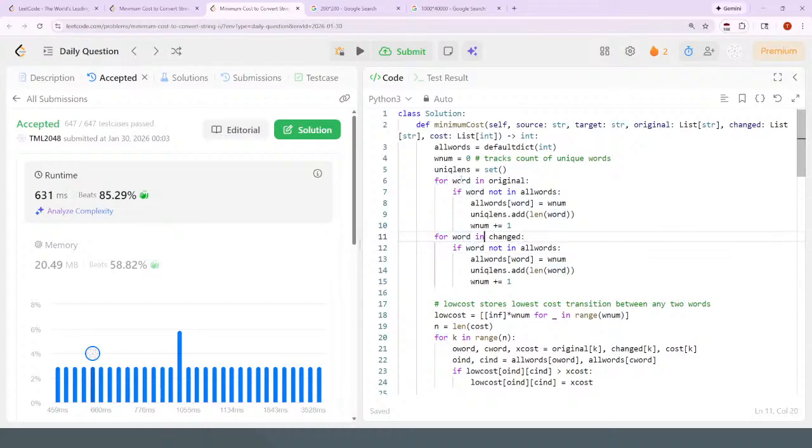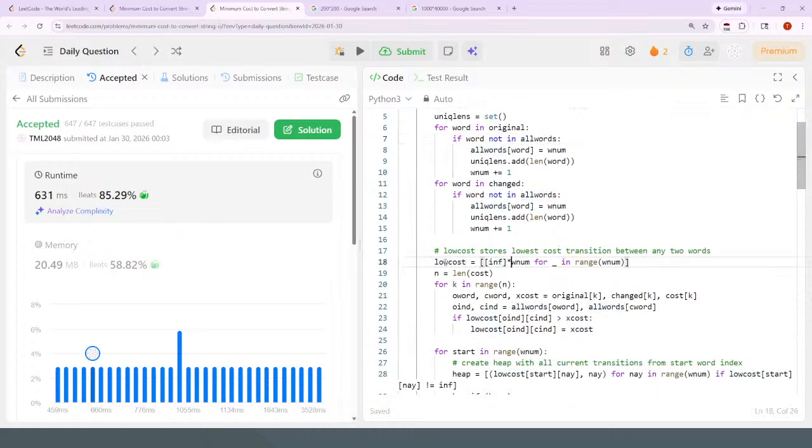And then for every word in change, do the same operation, have a unique identifier. This is just to make a square matrix. Technically, it could be a rectangle matrix where every original word needs to have an index into row index, but column indices should be every original or changed word, but just to keep it simple, keep it a square.